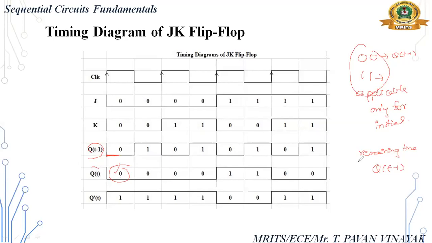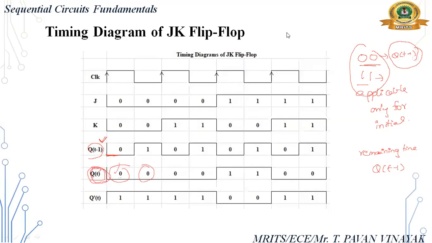Only for the initial condition with 0 0 or 1 1 do you apply Q of t plus 1, meaning you have to check this table. For the remaining time, you have to consider the previous state from this Q of t only.